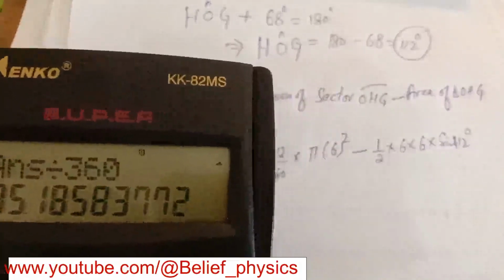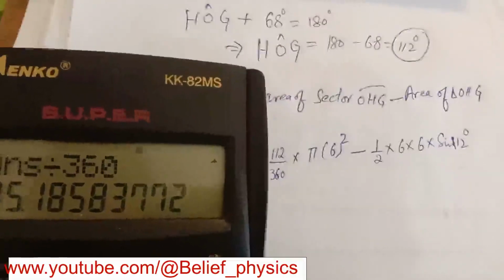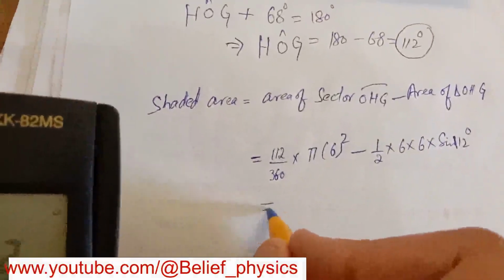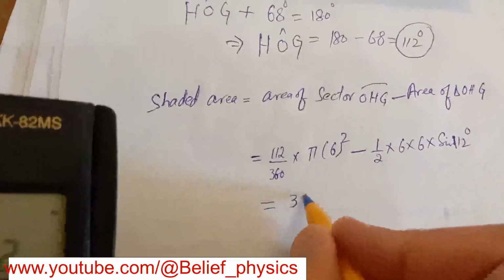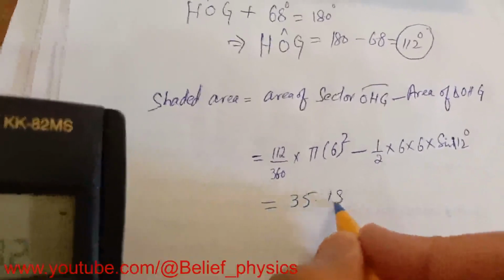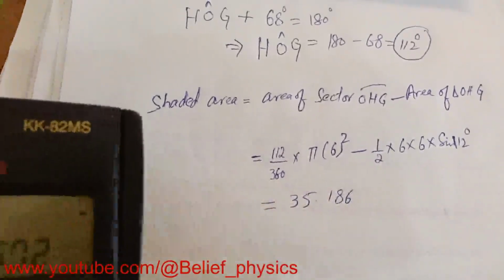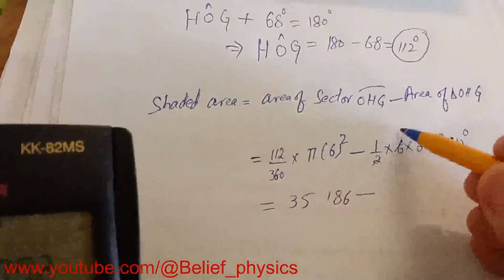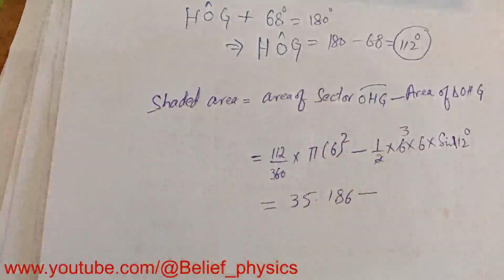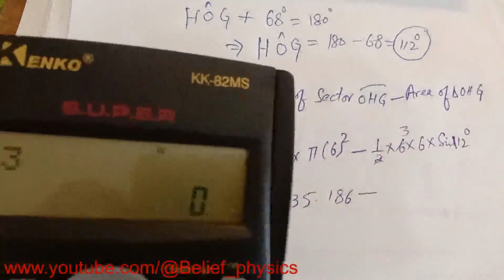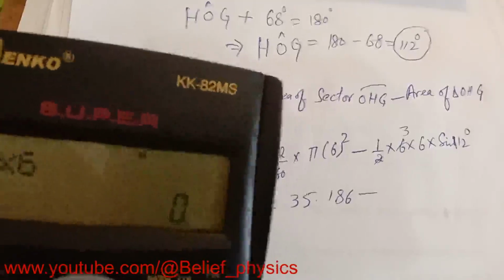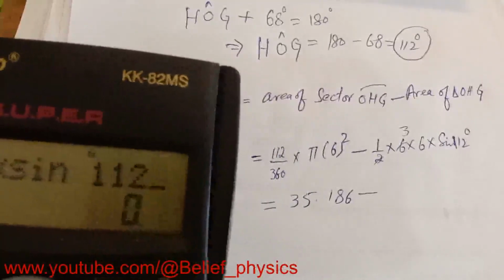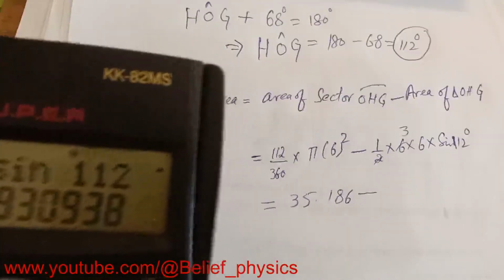This should be equal to 35.186 centimeter squared, minus 3 into 6 into sine of 112. This should be in degrees. So the answer is 16.69.